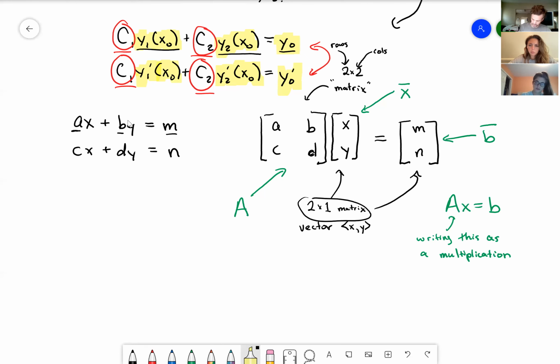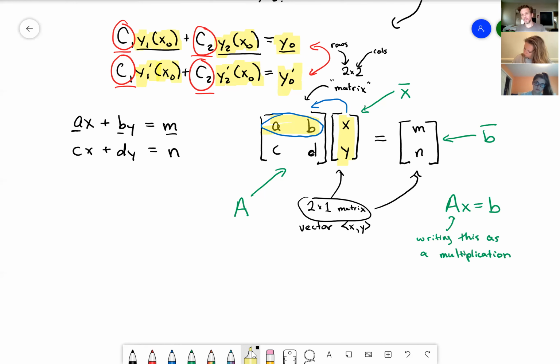The way it works is that we take this vector here and we kind of turn it sideways so that it matches up with this row. So we take this column and we match it up with that row.